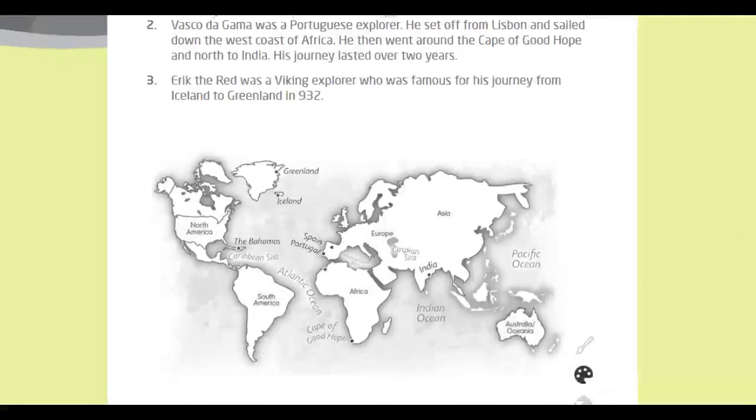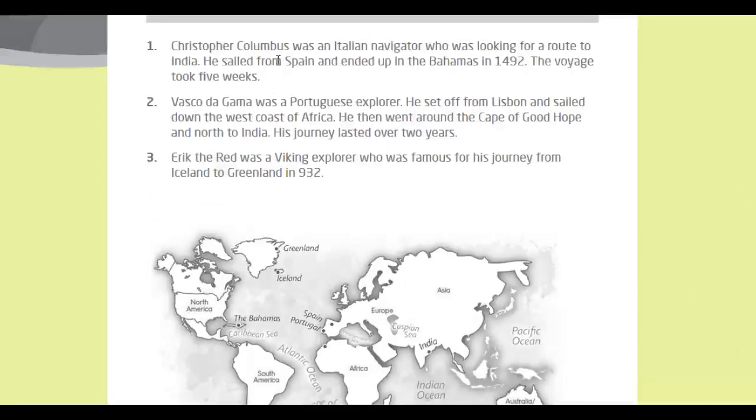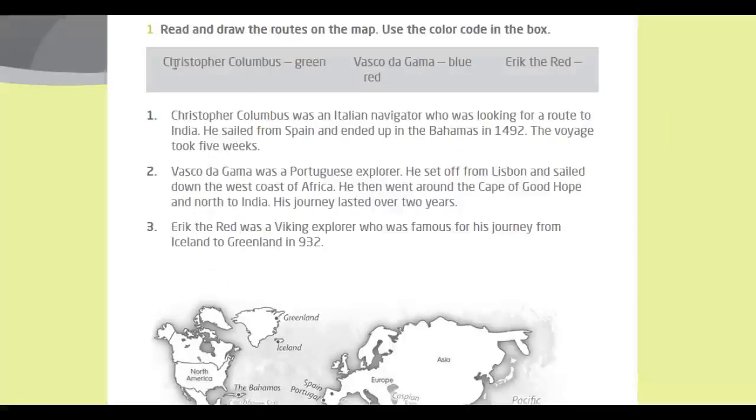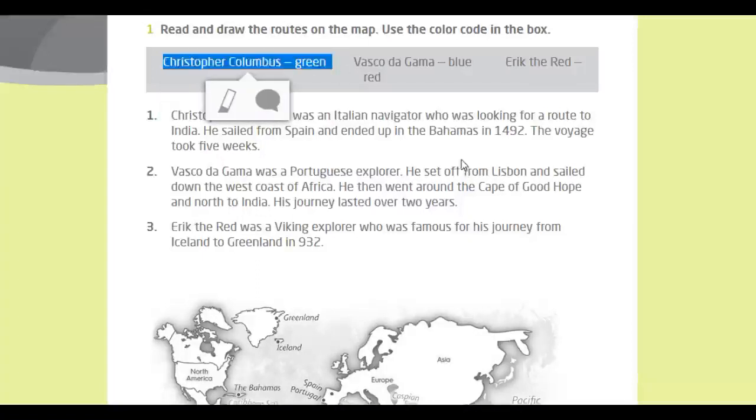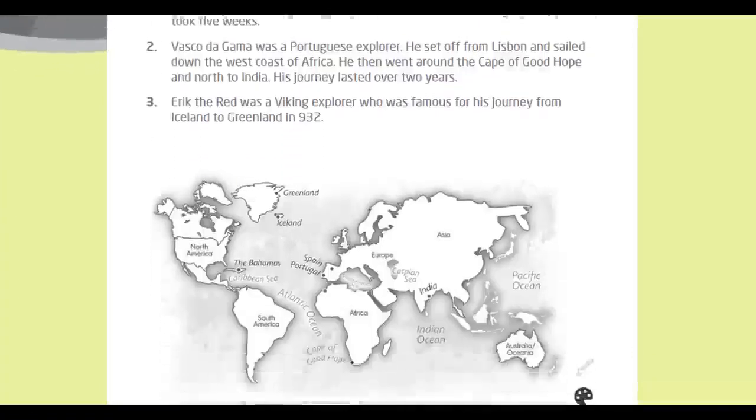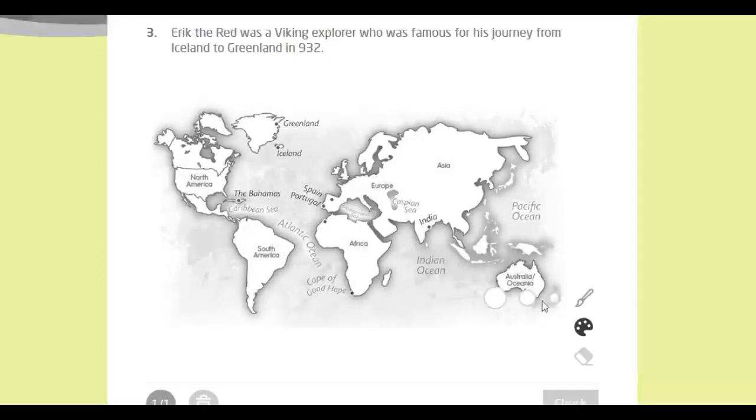Spain here and the Bahamas here. Christopher Columbus was Italian, but he sailed from Spain. Christopher Columbus, green color. Let's get the green color. Spain to Bahamas. This is Christopher Columbus.